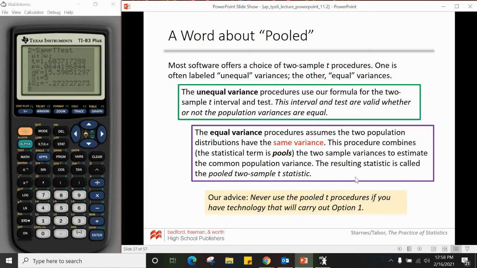Here, the whole point is you don't know whether the variances are equal or not, so we are just not going to pool. You could read this, but it's not super important. The whole idea is we're not pooling for a difference in means ever, unless you take more stats classes outside of AP Stats.